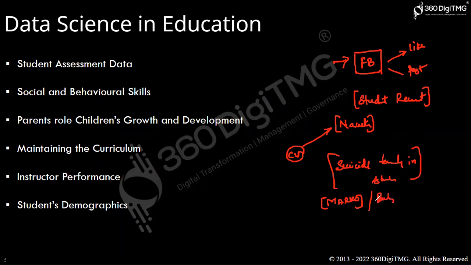There could be any reason. Students are in a vulnerable stage where they can be offended by anything. So we have certain studies looking into the social and behavioral skills of students. That could be one way of analyzing these people.